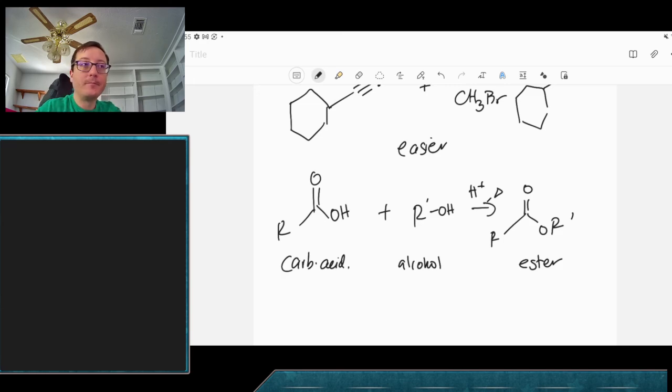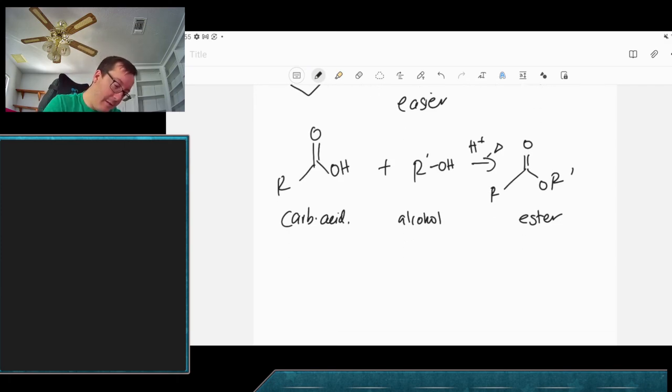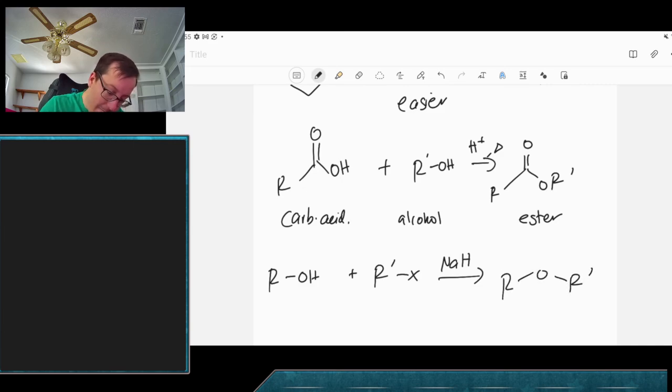And just remember that an alcohol and an alkyl halide, if you use a nice base, sodium hydride for example, you'll get your ether. So those are useful as well. Some of those have ethers and esters, so just remember those ways as well.